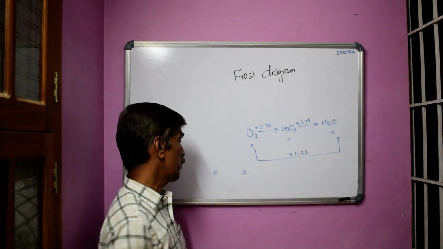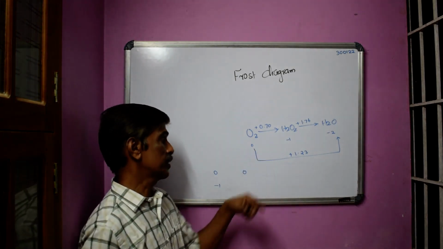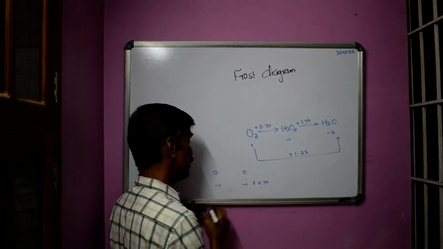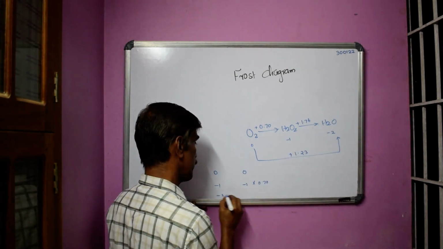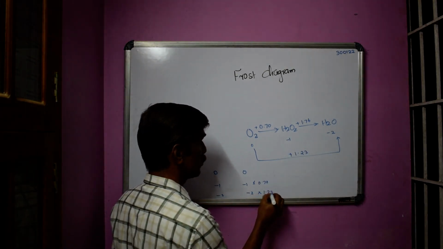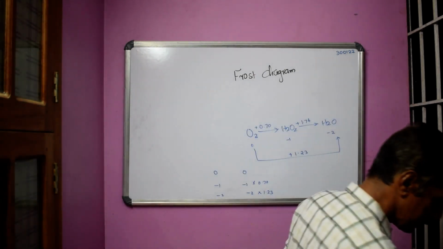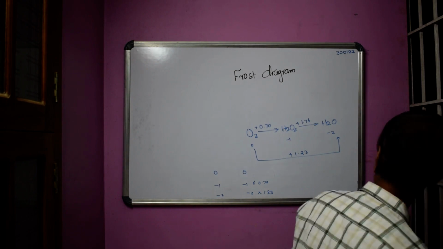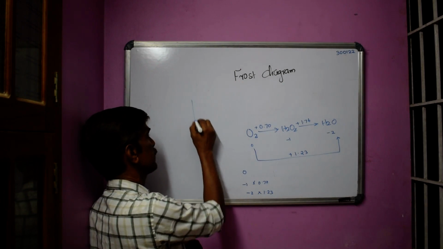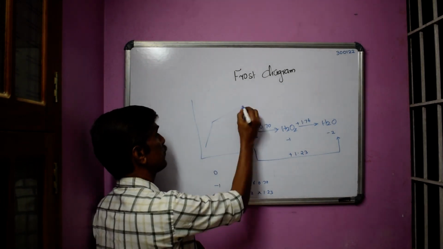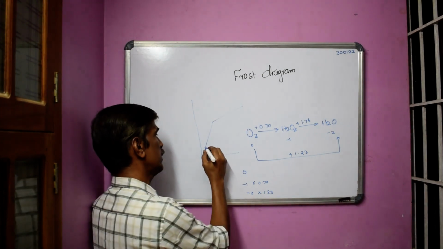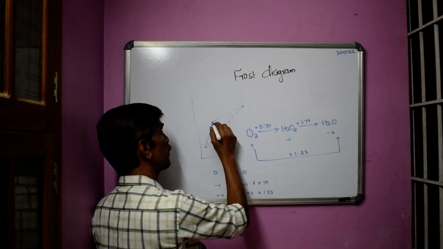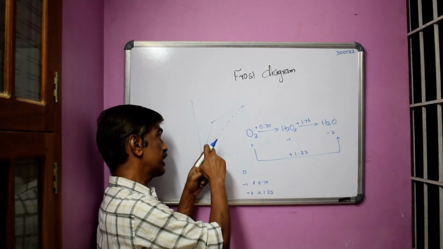Then for -1 oxidation state it will be -1 into 0.70, and for -2 oxidation state it will be -2 into 1.23, and we have plotted a graph, and we have seen that the shape of the graph will be something like this. നമ്മൾ കഴിഞ്ഞ ക്ലാസ്സിൽ കണ്ടതാണ്, അവസാനത്തെ ക്ലാസ്സിൽ ഓർമ്മ ഉണ്ടാവുമല്ലോ. ഇങ്ങനത്തെ ഗ്രാഫ് കിട്ടി.